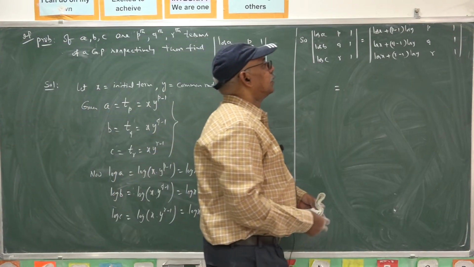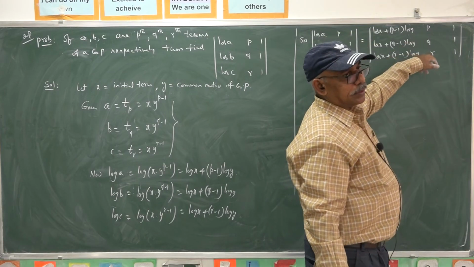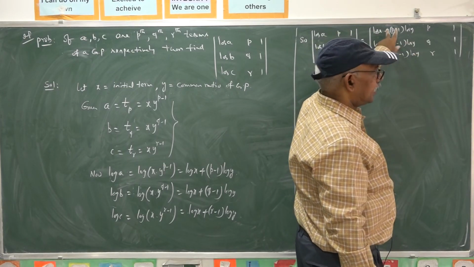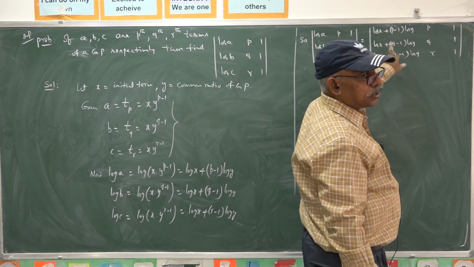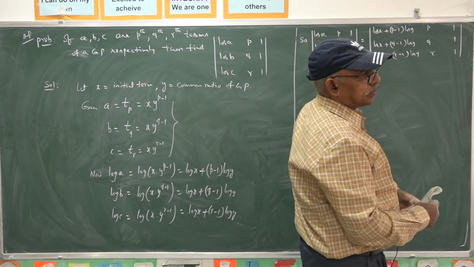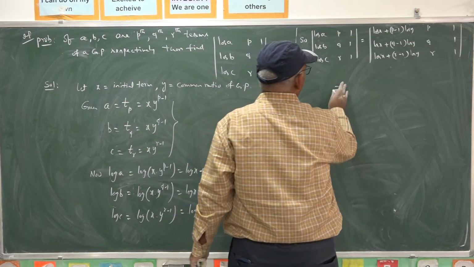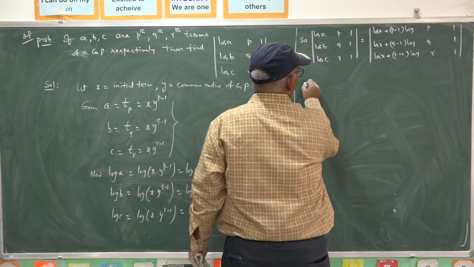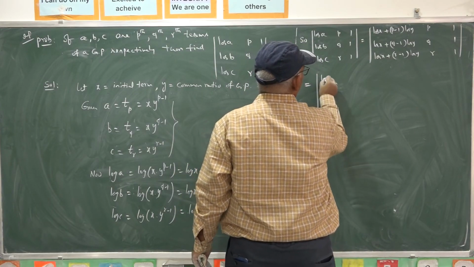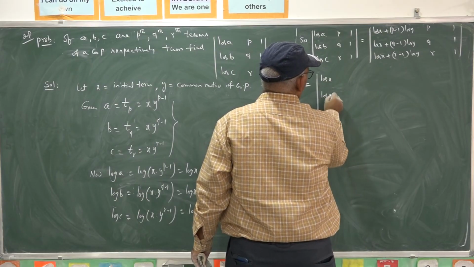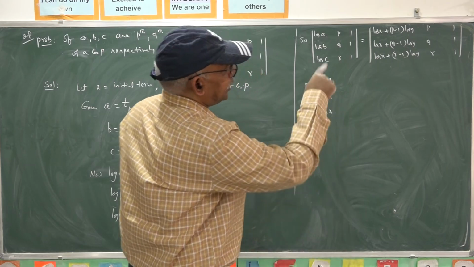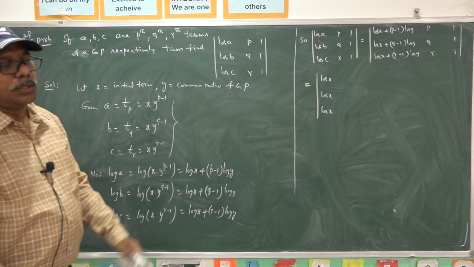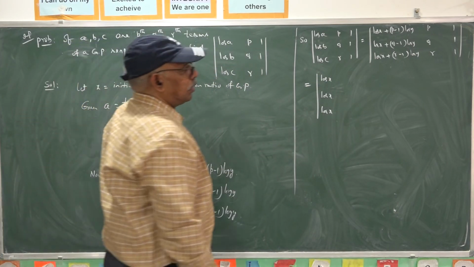Now, by observing this determinant, the first column elements are sums of two terms. Hence, you can express the determinant as a sum of two determinants by the property of determinants.